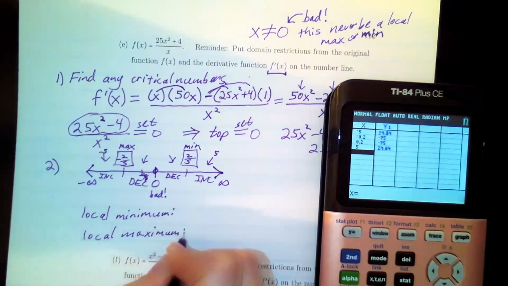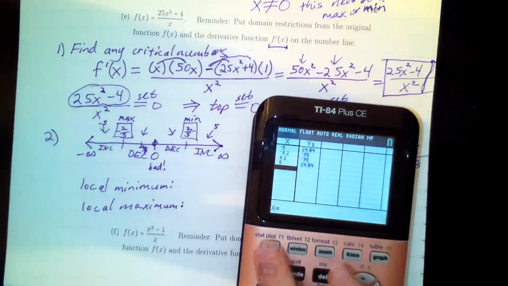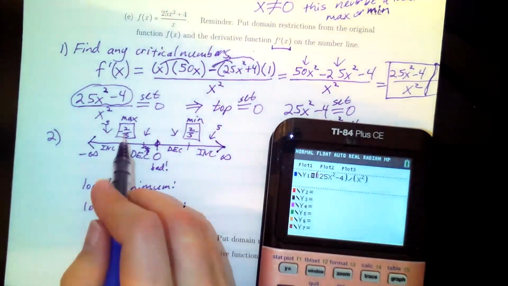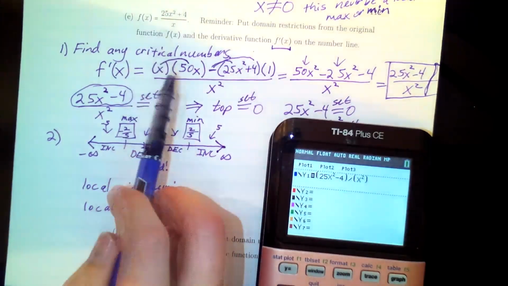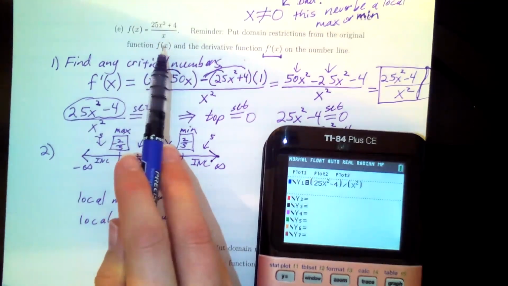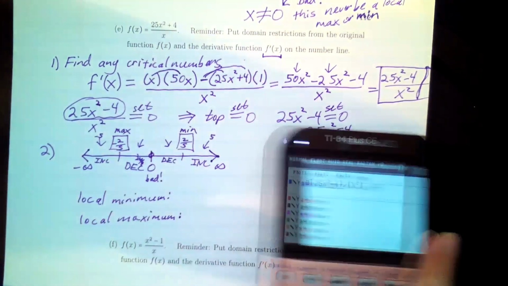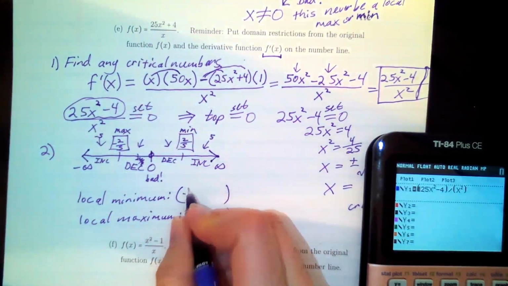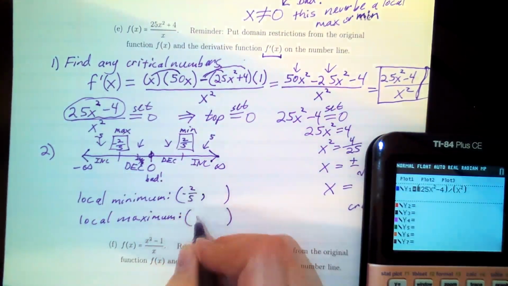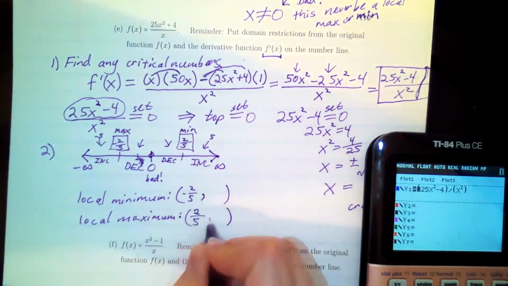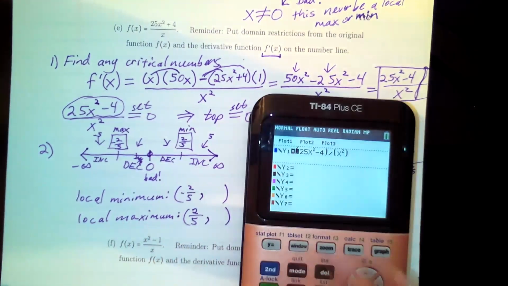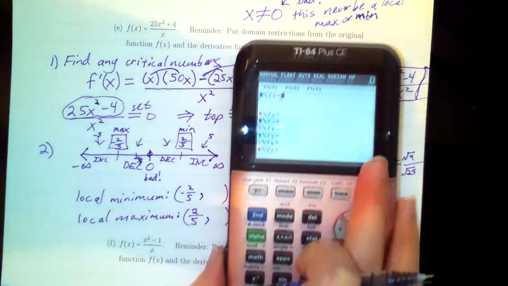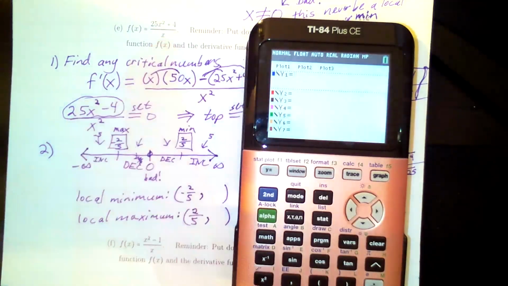One of each. I'm going to plug these two x values back into the original function up here so that I can get the y values for those points. I'm going to write this as a point, both parts. I have negative 2/5, comma y, and positive 2/5, comma y. I'm going to clear out my y equals and put my original function there.